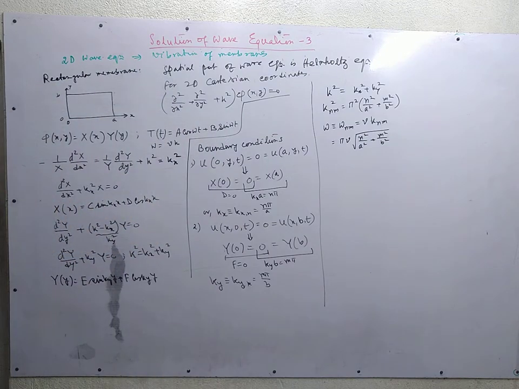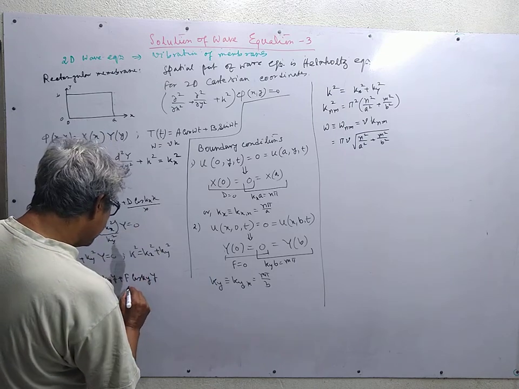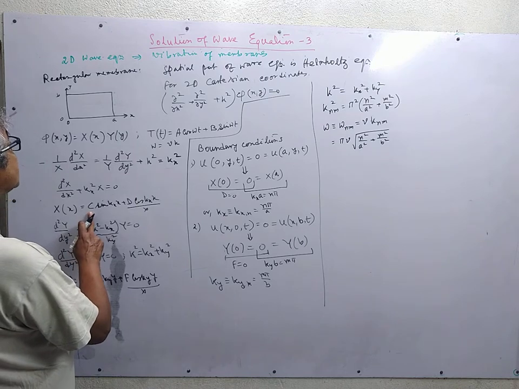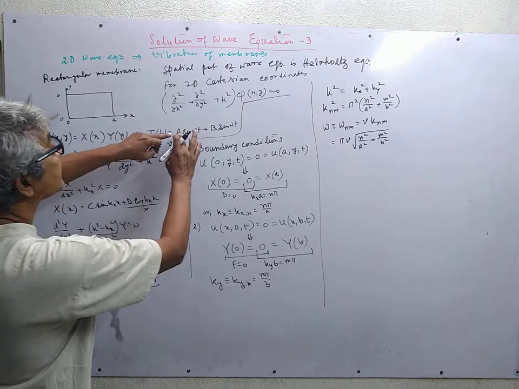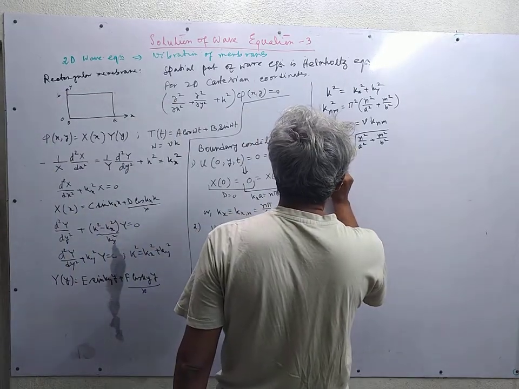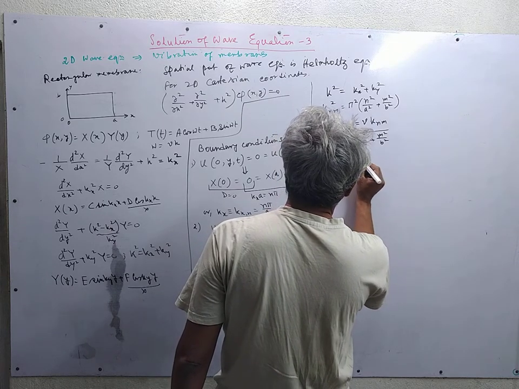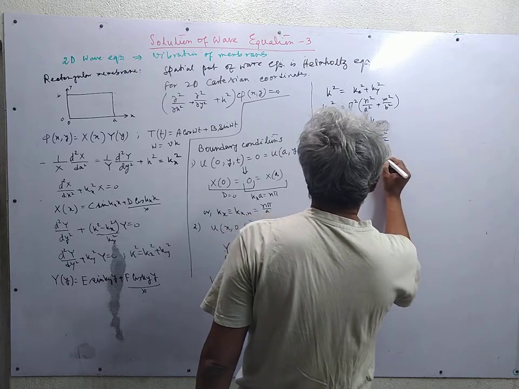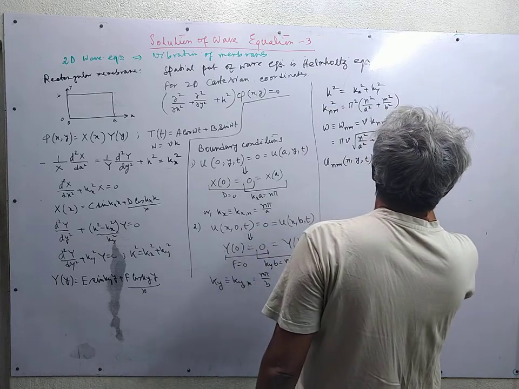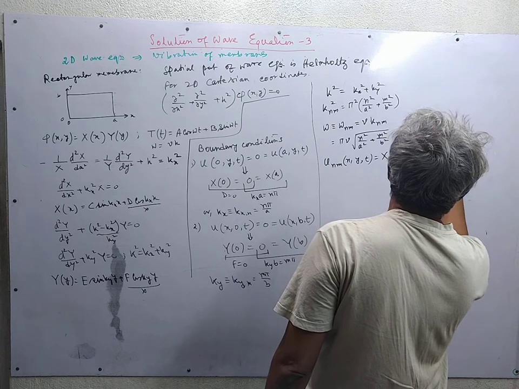Now we see that this solution doesn't have this part and this solution doesn't have this part. So this is a constant, and we can adjust the final constants to define u nm of x, y, t. This is Xn of x, Ym of y, and Tnm of t.